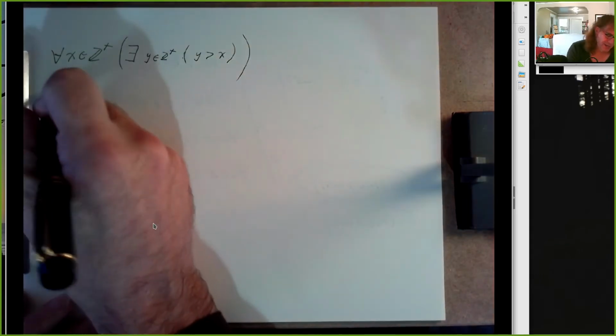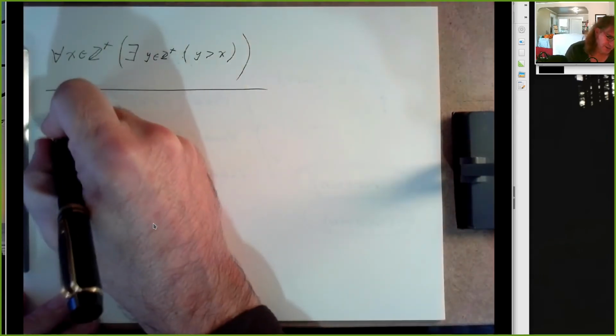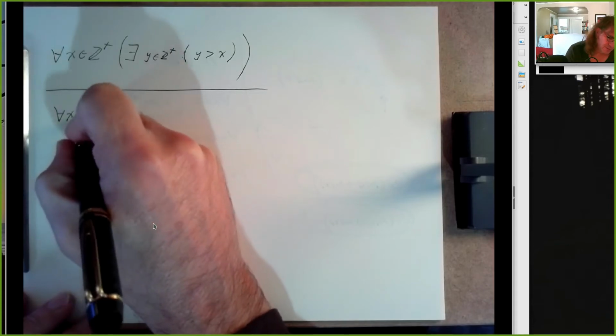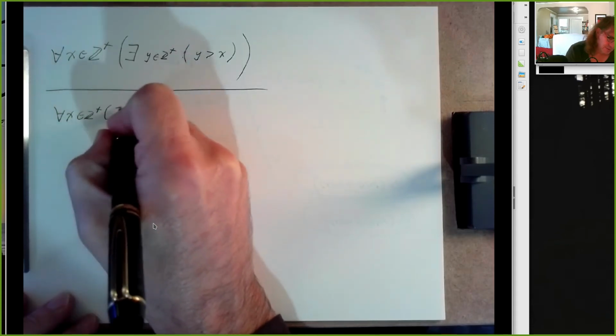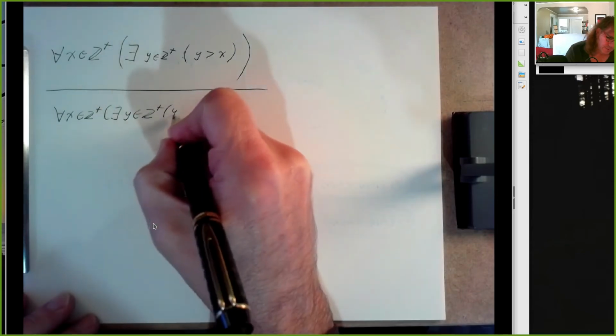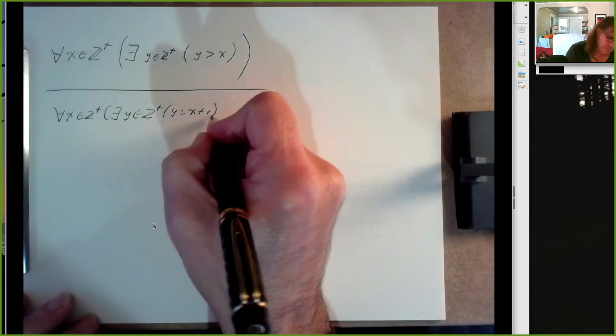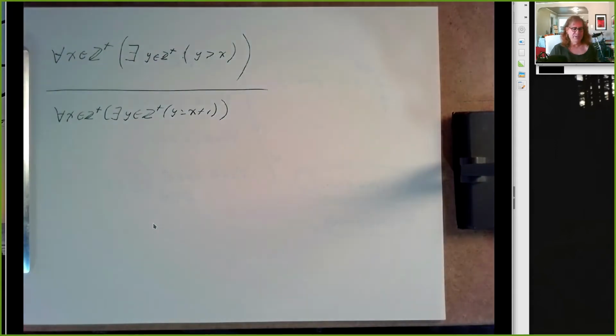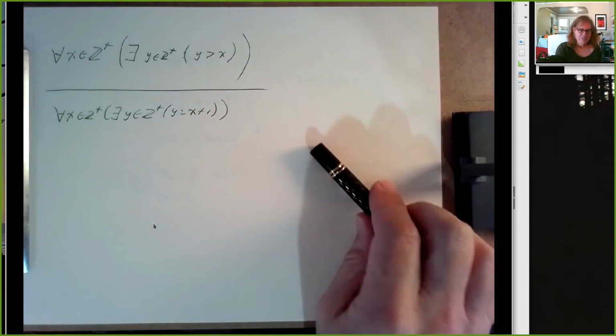And this is actually slightly different. For all x, there exists a y such that y equals x plus 1. And I dinged you a whole point for this. So why is this different from that? Well, a few reasons.